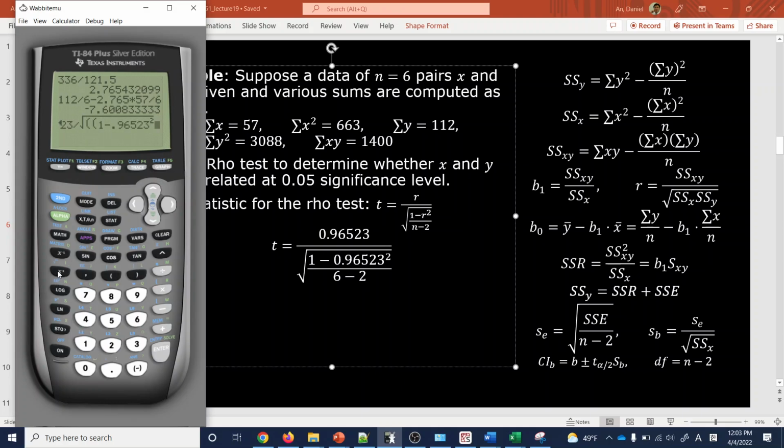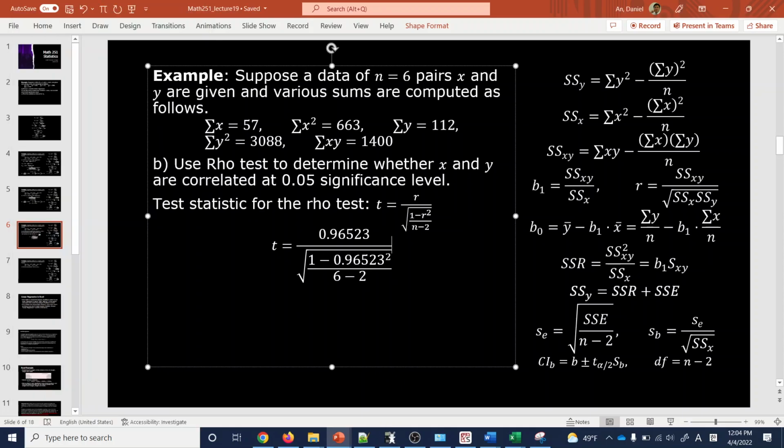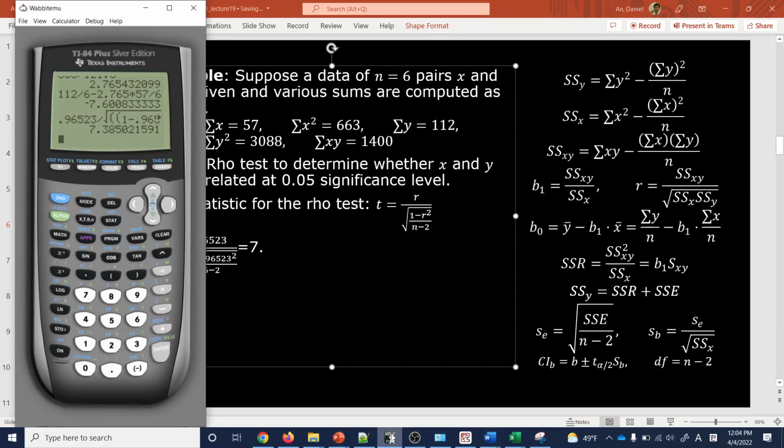Then divide this by 4. 6 minus 2 is 4. So I'm just going to put 4 and close the parenthesis. Enter. I get 7.3850, which is pretty high.